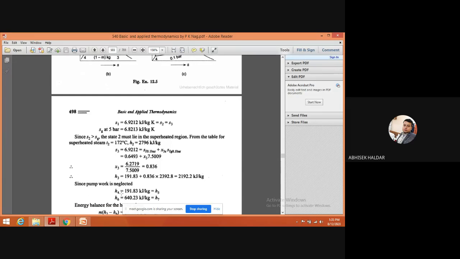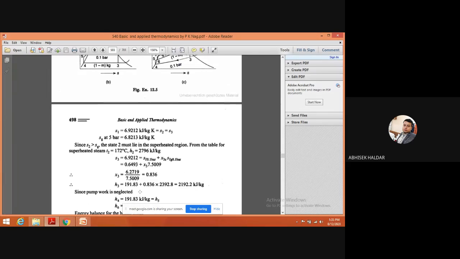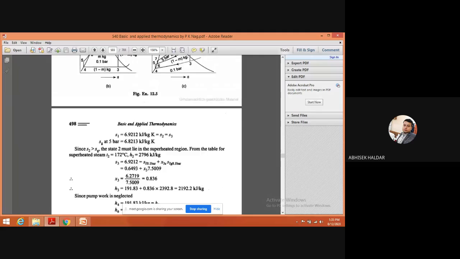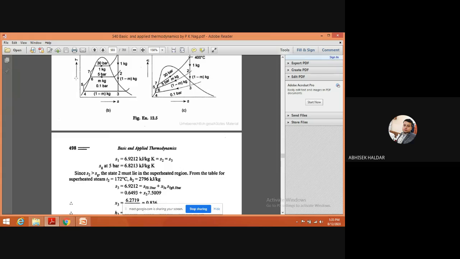H4 is very easy to calculate, because H4 is nothing but HF at this 0.1 bar. So all these points, that means this 4, 5, 6, 7, you have to find out the value of H. H4 and H6 are very easy to find out, because H4 is nothing but HF at which pressure?